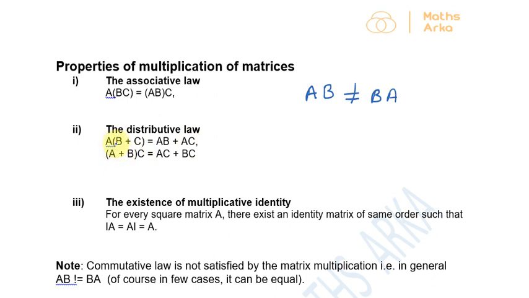The distributive law says that if B plus C is there, where the addition is defined, and we multiply A, then as in real numbers, if we open the bracket, we get AB plus AC. So the distributive law is also satisfied as in real numbers for matrices, for any matrix. Similarly, if A plus B is inside and C is outside, then removing the bracket gives AC plus BC.